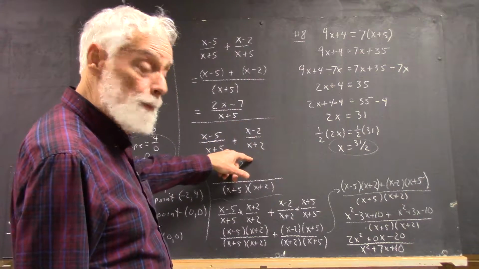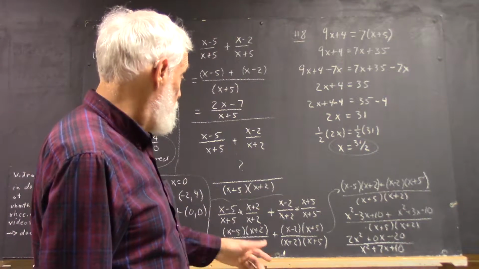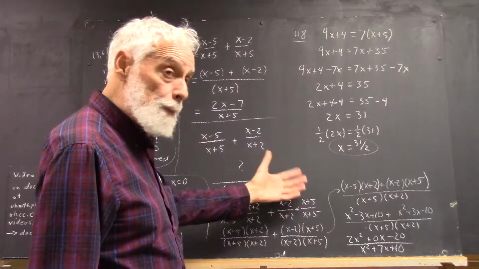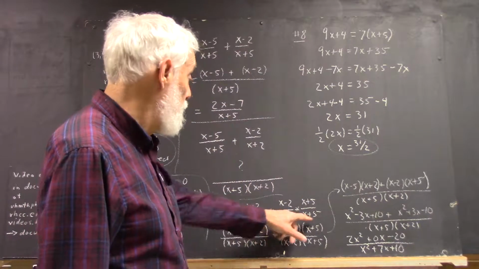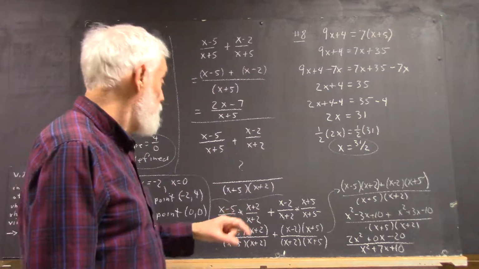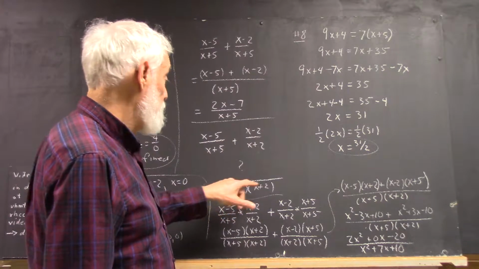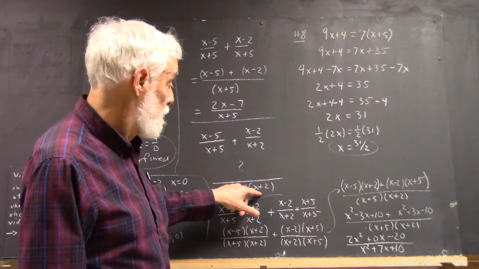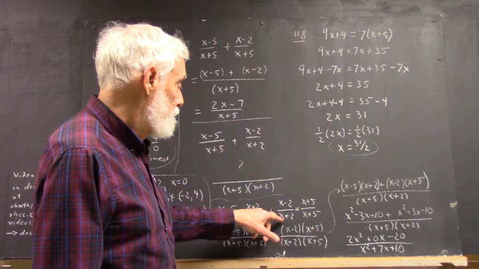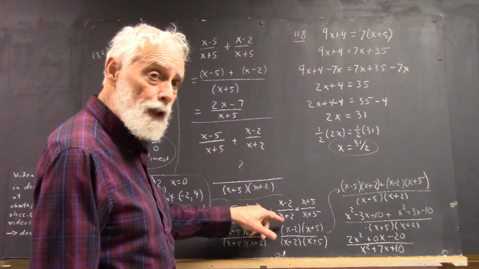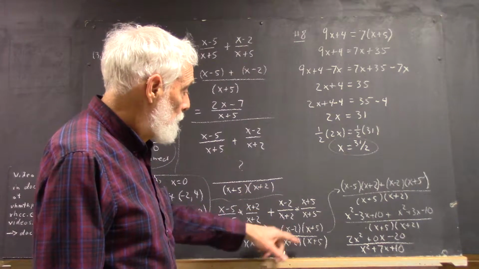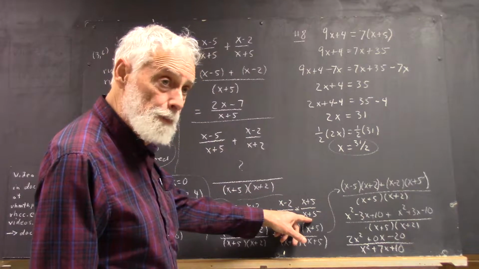The other fraction can be put over the same denominator. We just multiply the numerator and denominator by whatever we need to get our common denominator. In this case, we want a denominator that has an x plus 5 and an x plus 2 as factors. So we take our fraction, which has a denominator of x plus 2, multiplied by x plus 5 over x plus 5.